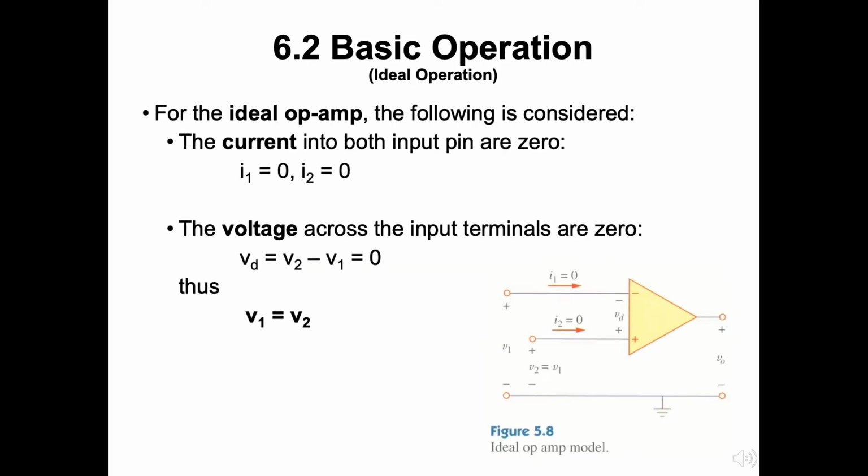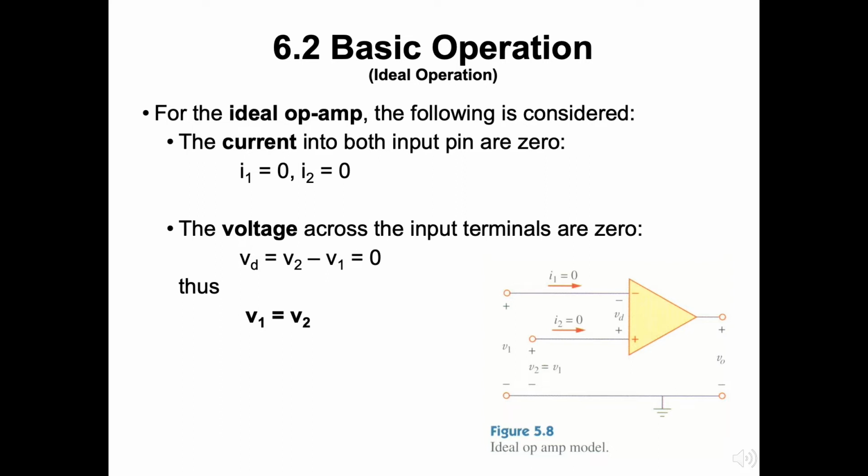For the ideal op-amp some considerations need to be followed. We can see that both currents I1 and I2 in the input pins are 0. Then, the voltage across the input terminals is also 0. VD, which is V2 minus V1, is 0.